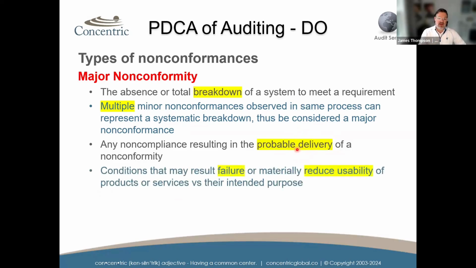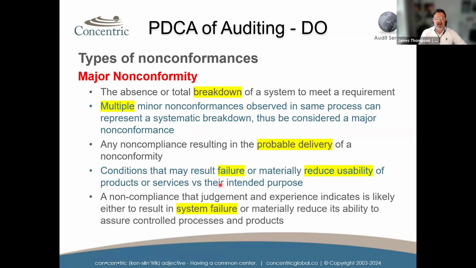That's a major issue. Another item is conditions that may result in failure or materially reduce usability of products or services versus their intended purpose. And then a noncompliance that judgment and experience indicates is likely to either result in a system failure or materially reduce its ability to assure controlled processes and products.